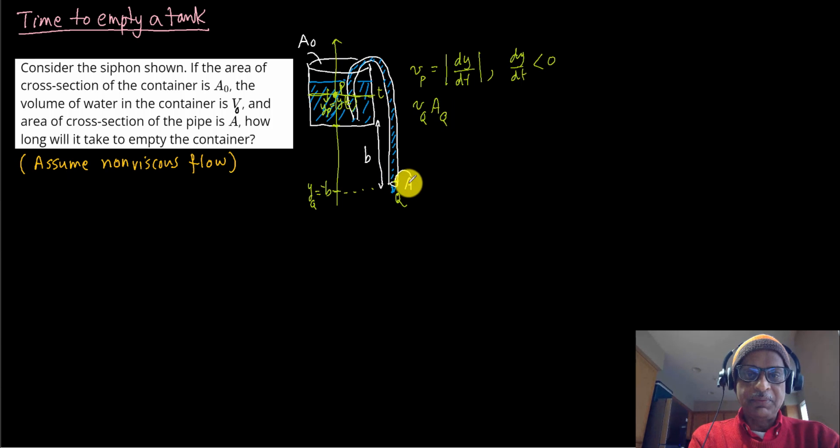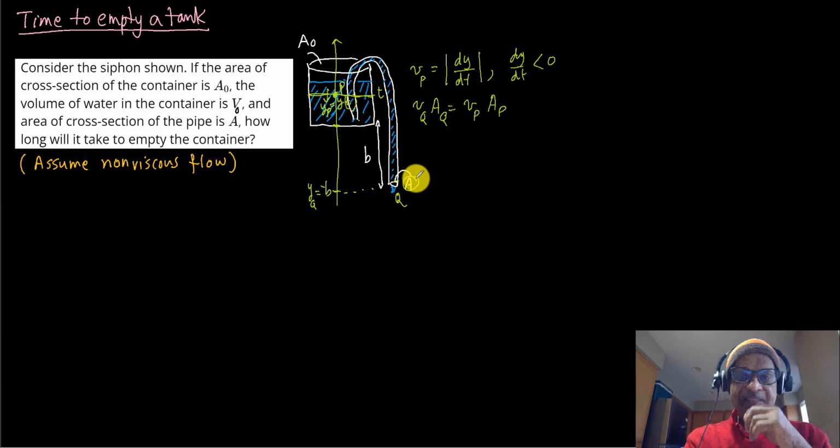the area at q, which is a. This and that should relate to the speed at p and the area at p. So this is a, and this area here is still a0.